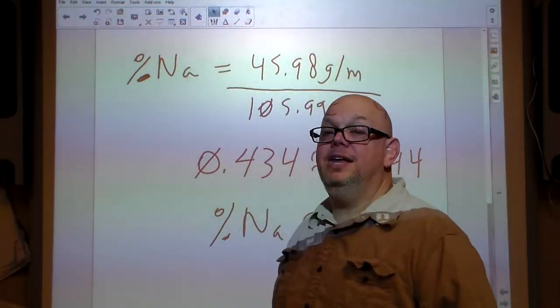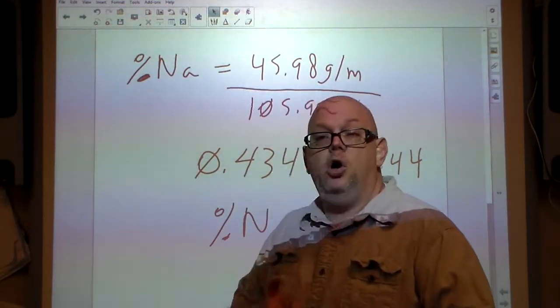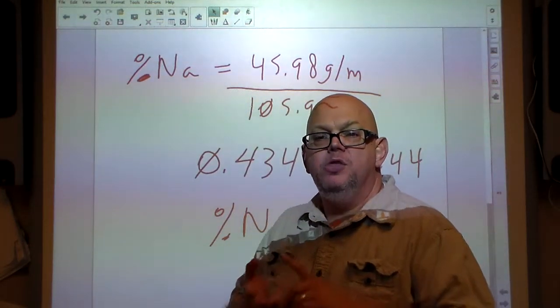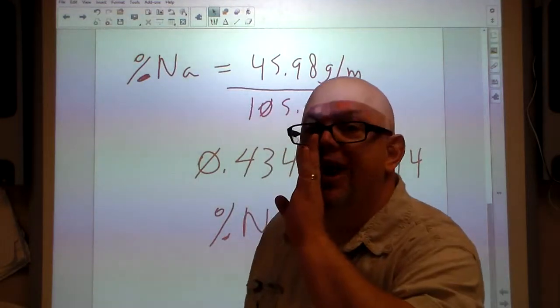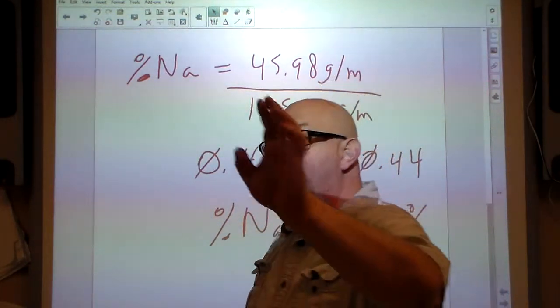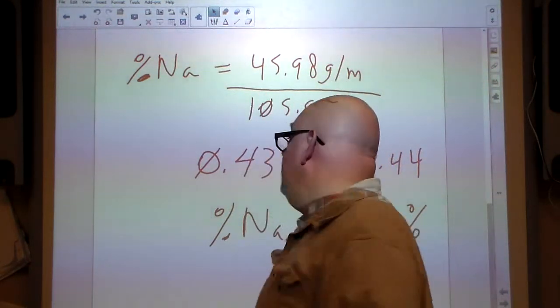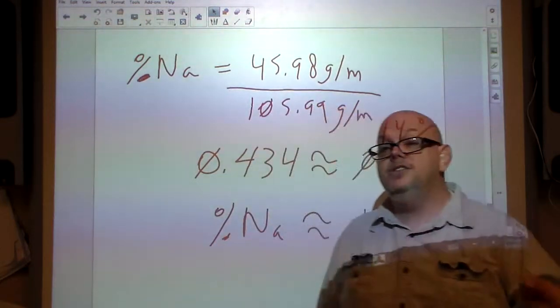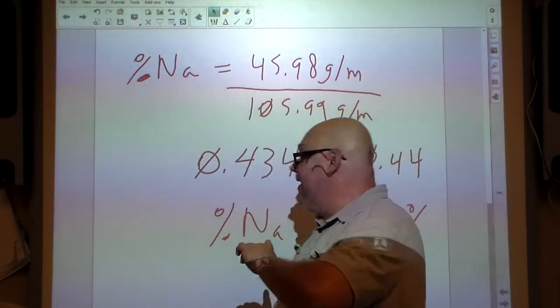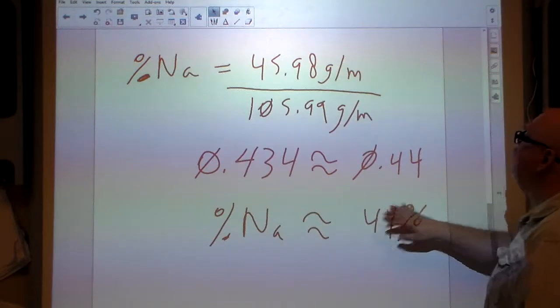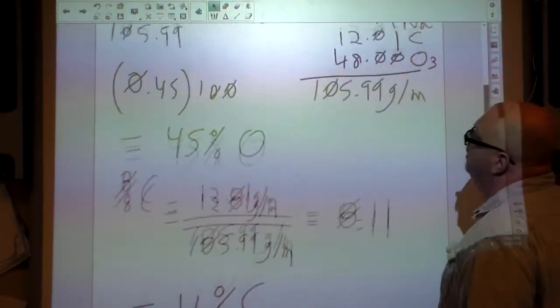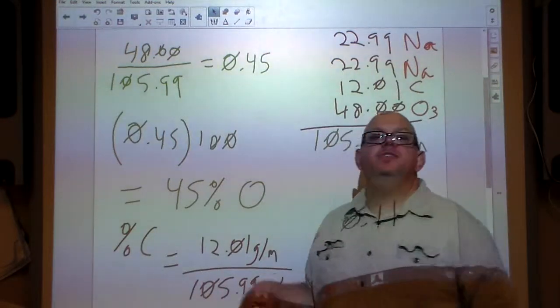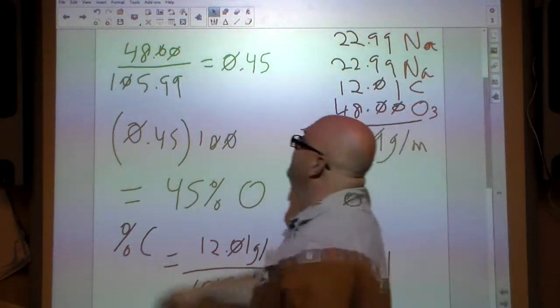Now that's one way to calculate it. Another way is to add the percent of your carbon and the percent of your oxygen together, and subtract it from 100, and you would get your percent of sodium. One way you can check if this is right is to add the 44% plus the 11% plus the 45% to see if it adds up to 100.